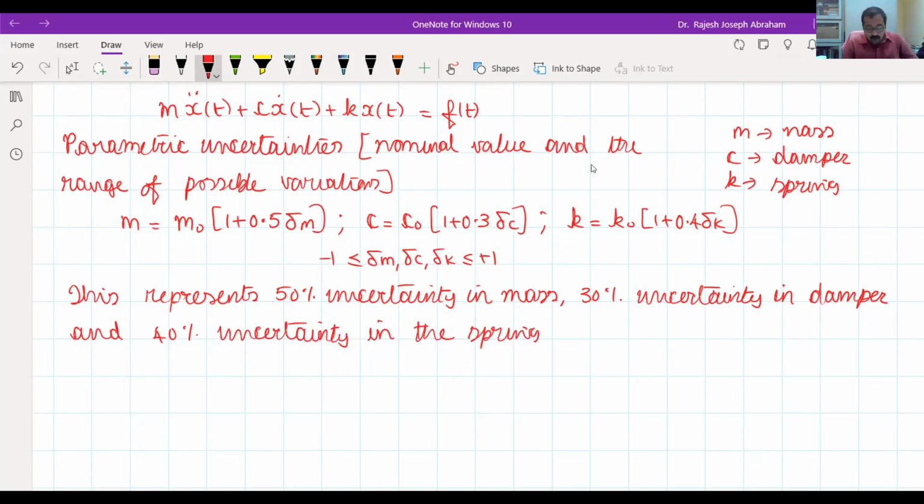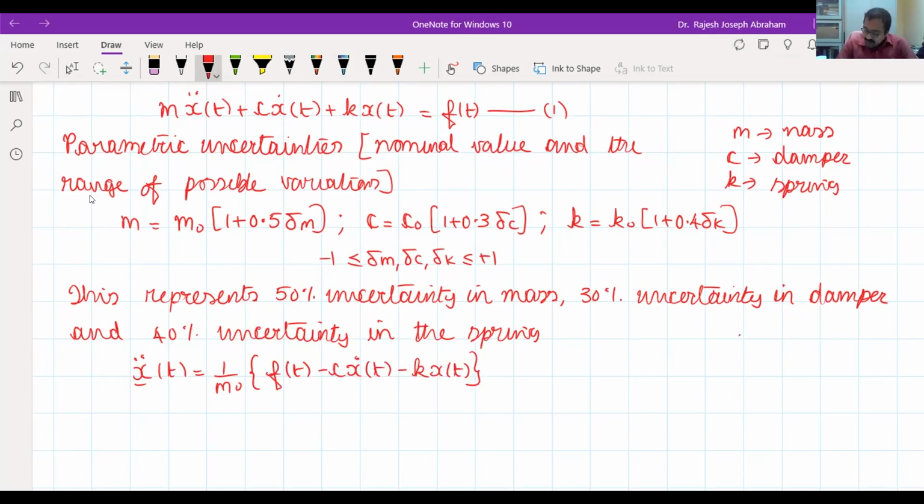Now let us represent this in state space form. This is equation 1. So what will be x double dot t from this? X double dot t will be nothing but 1 by m naught into F of t minus c x dot t minus k x of t. Agreed? Now let us adopt the state space approach.